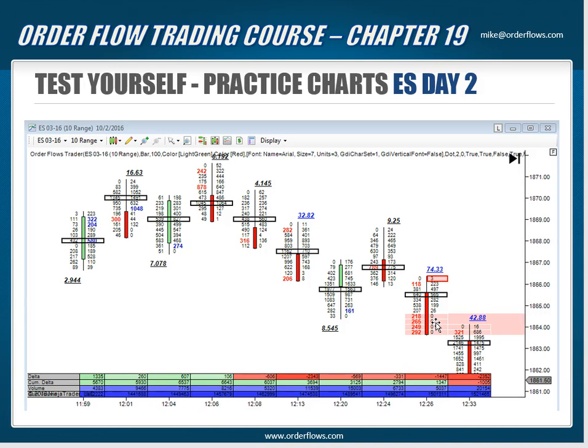I like to try and get 5 points. So if I'm going to make a 7-point move and then tack on another 5 points to it, you're looking at 13-point moves, which isn't necessarily something the S&P does fairly frequently.